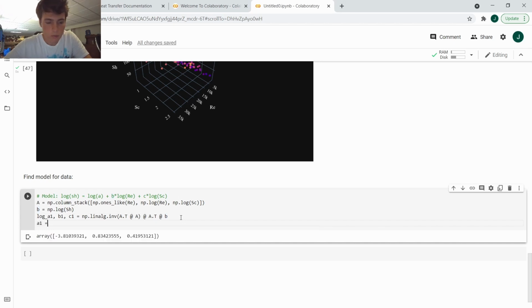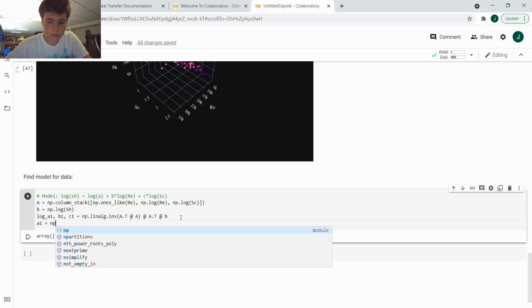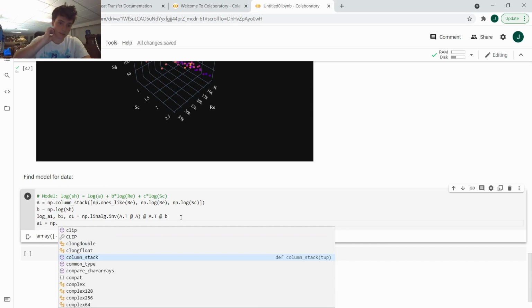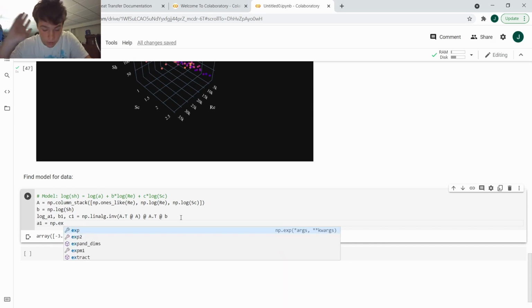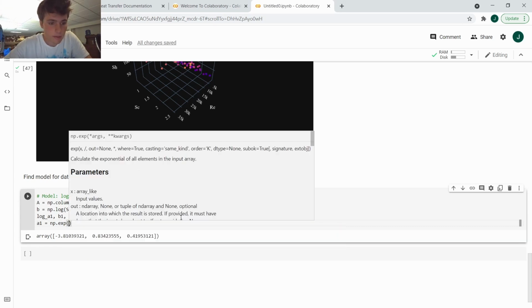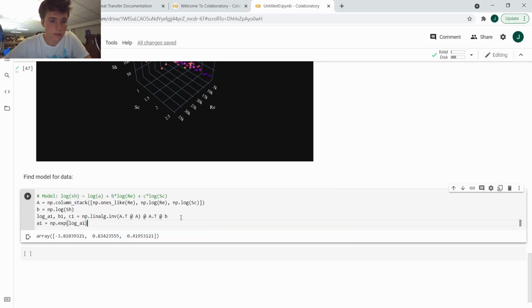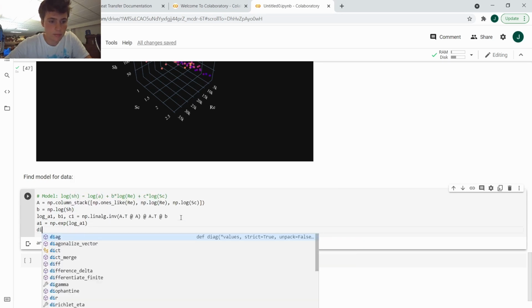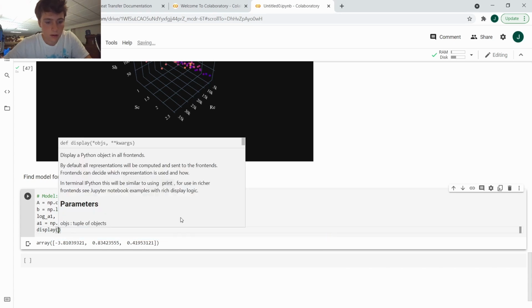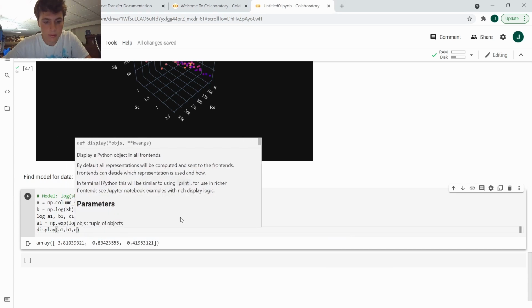Then A1 is just equal to the inverse of the log, which is the exponential, so exponential of log of A1, just like that. And now we can display what A1, B1, and C1 are.